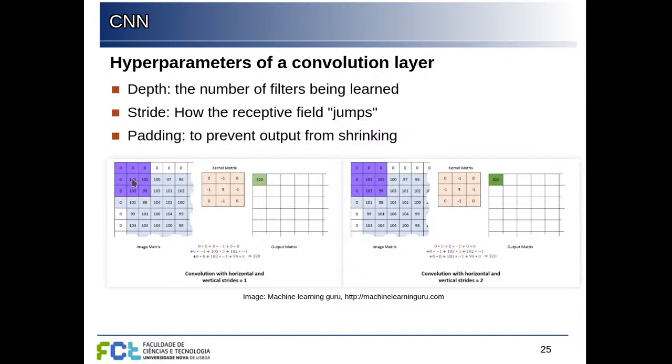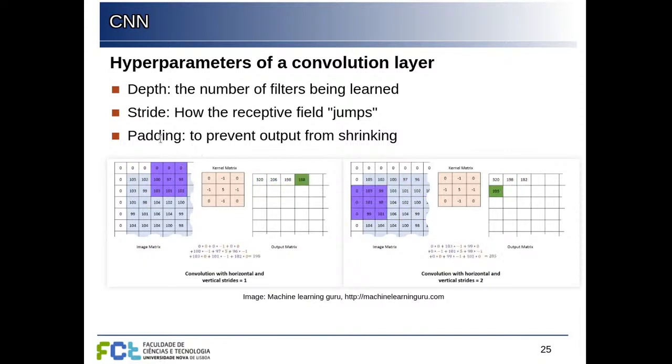The stride is the jump of the kernel when we are computing the different convolutions at different shifts. So for example, here we have a stride of 1. We are shifting by 1 and computing each value. Here we have a larger stride, and in this case we are shifting by 2. So we have fewer values on the output.